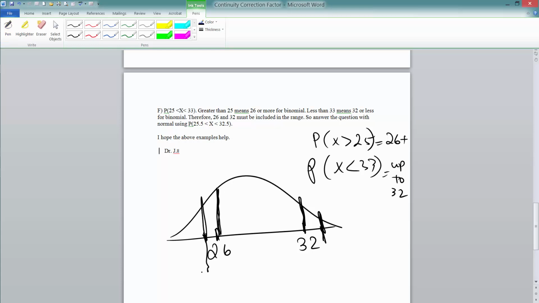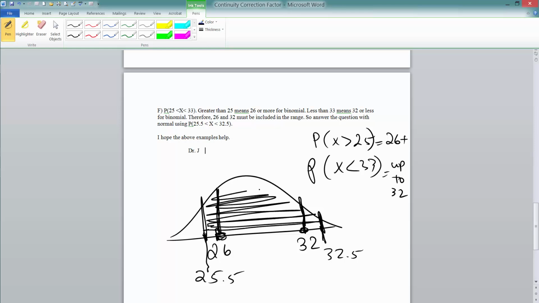So continuity correction has to start from 25.5 to 32.5. So we want 26 and 32 included in that range, all the way from here to here, if I'm using the normal distribution. I have given you that answer also.